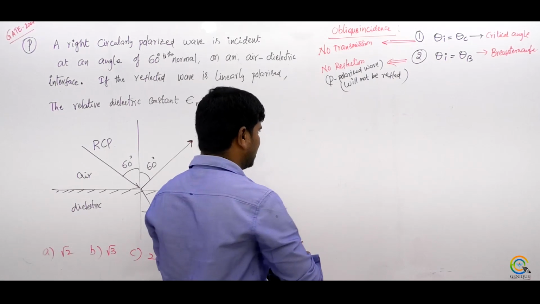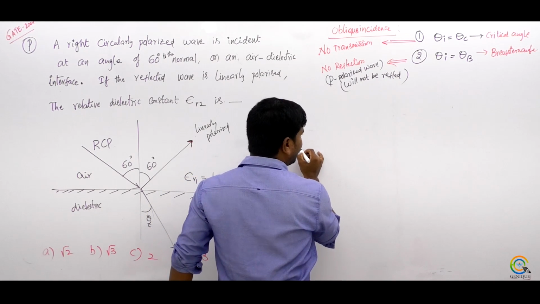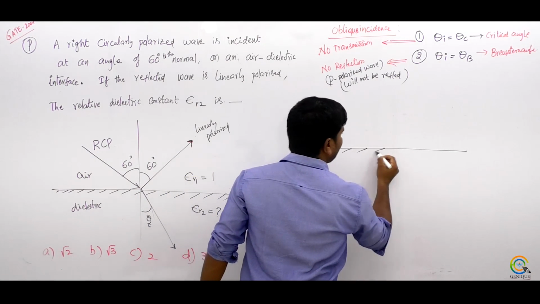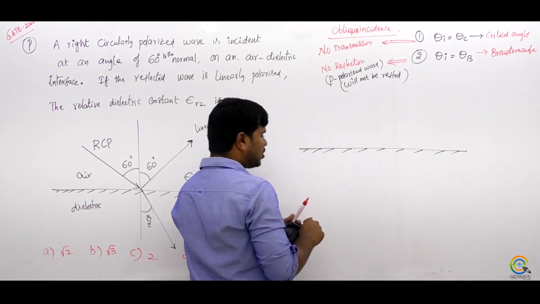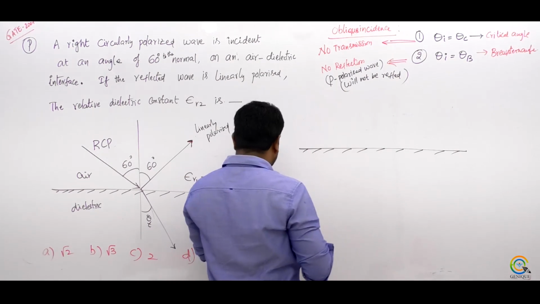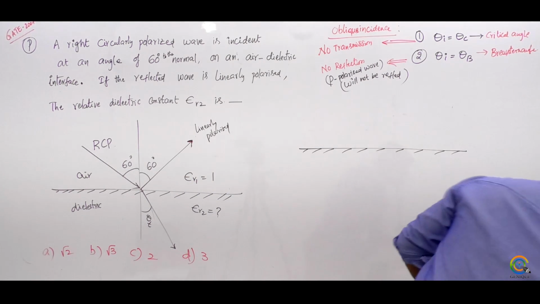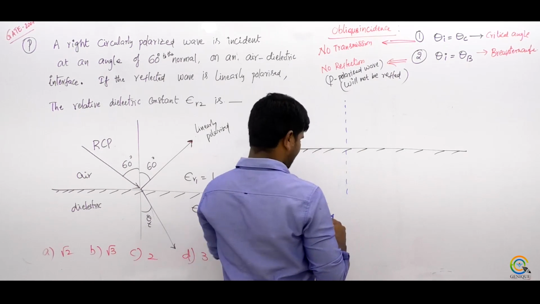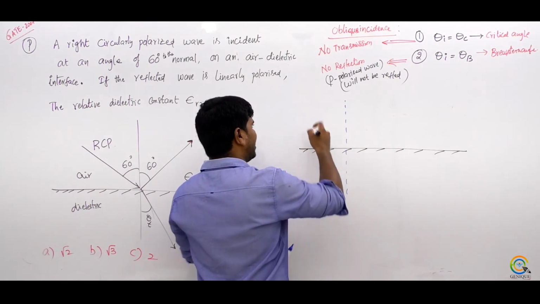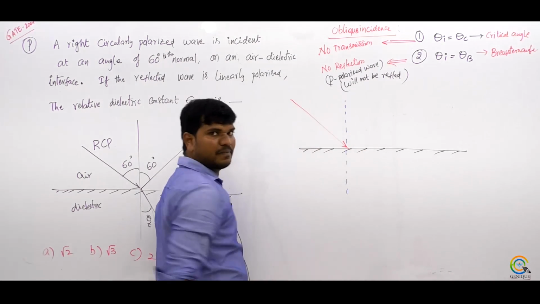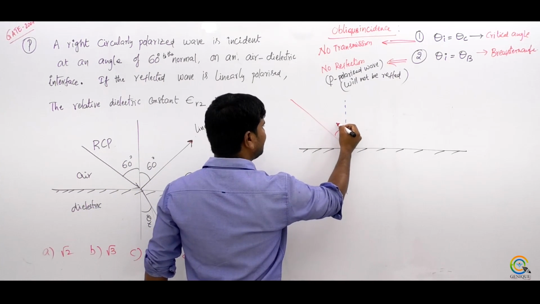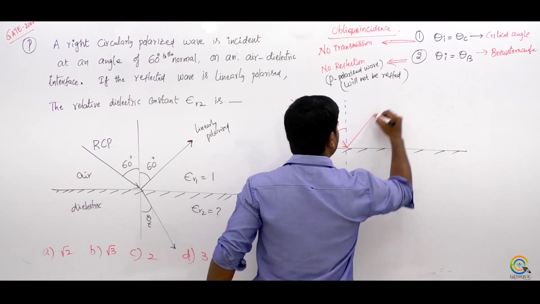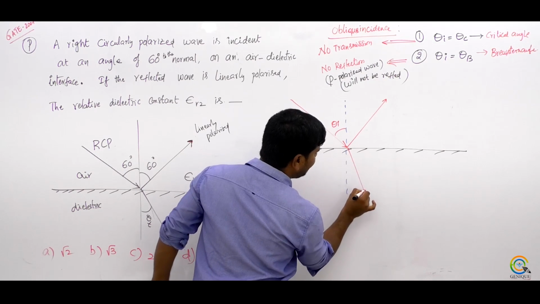Suppose there is an interface like this. Suppose an EM wave is incident at some angle theta I with respect to the normal, and some portion will be reflected and some portion will be transmitted.